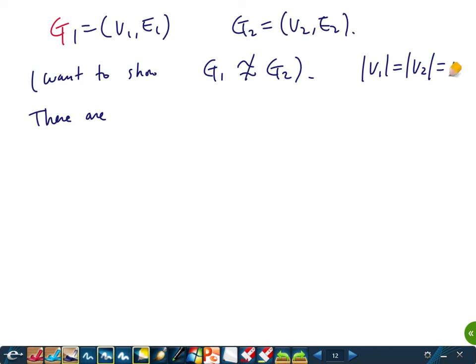So suppose that they are the same size, n. There are n factorial bijections, basically permutations. Consider all bijections, and then for each bijection, show that it's not an isomorphism. That will prove that they are not isomorphic. But do you think this is a good idea? You can do this, but it will take a lot of time.